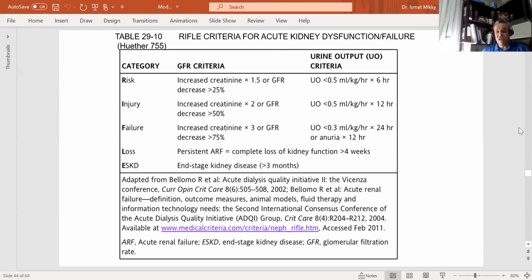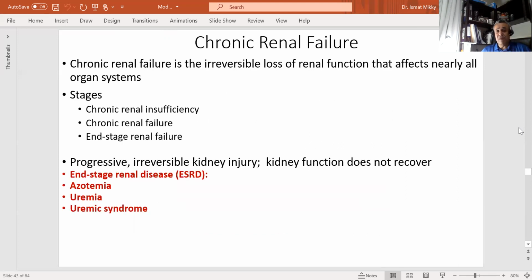So patients with end-stage renal disease, ESRD, will have a GFR of 15 mLs per minute. Then azotemia, which means the buildup of nitrogen-based waste in the blood, is an extremely high BUN. Uremia is when there is azotemia, extremely high BUN and waste products, and clinical symptoms.